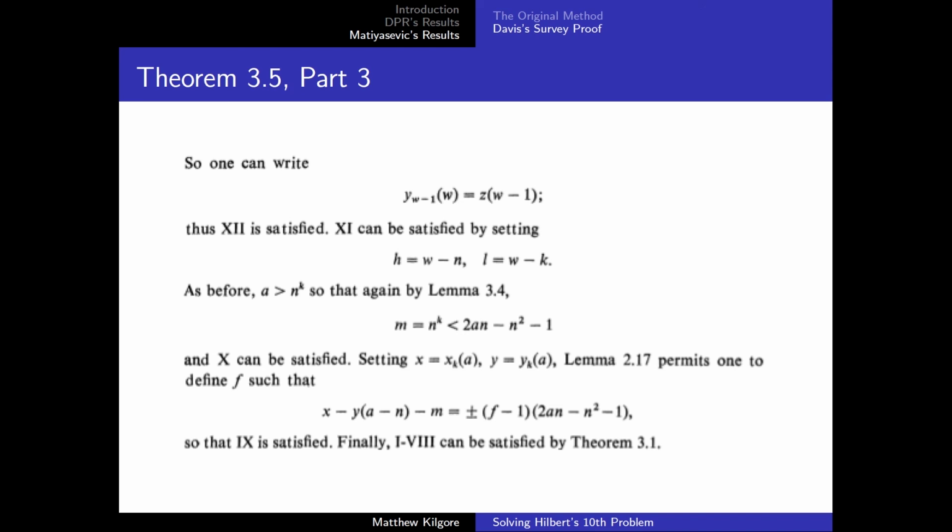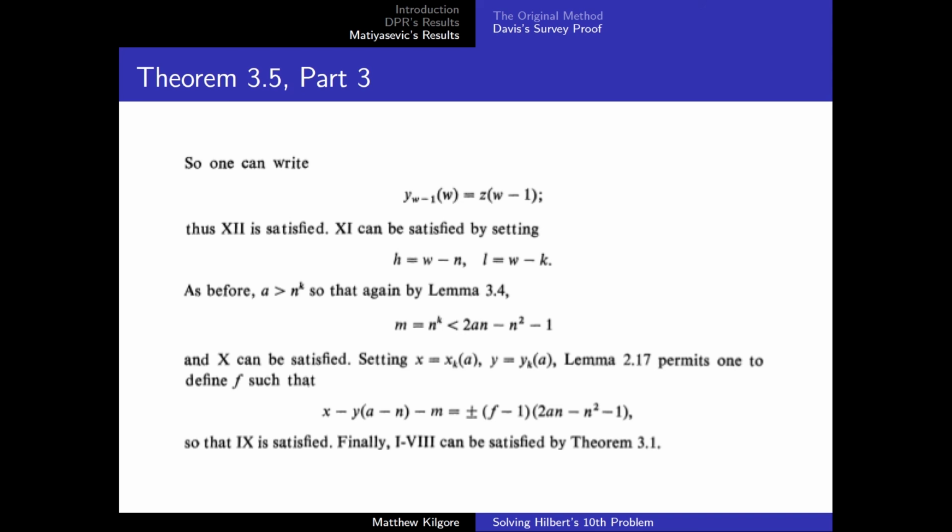Now, 11 can be satisfied with h equals w minus n and l equals w minus k. As before, a is greater than n to the k, and thus by lemma 3.4, m equals n to the k is less than 2an minus n squared minus 1. Thus we've satisfied 10.